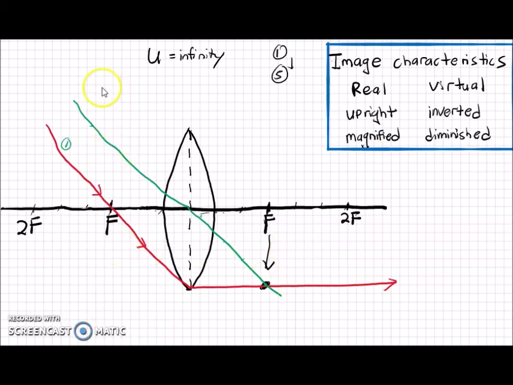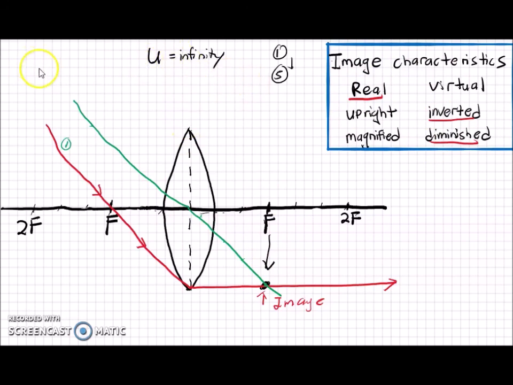The object is on one side of the lens, and the image is on the other side. This is the image that forms over here. The characteristics will be real, inverted, and diminished.